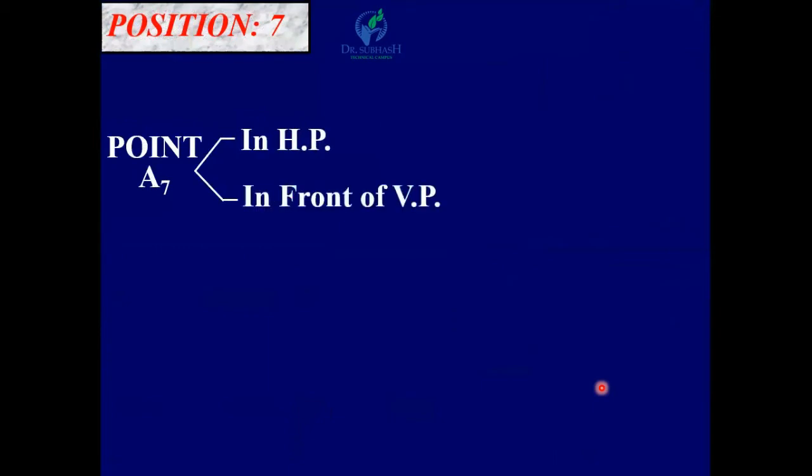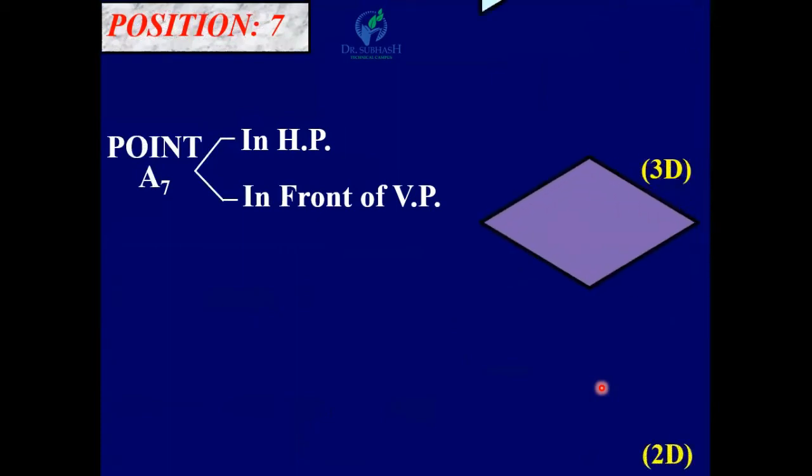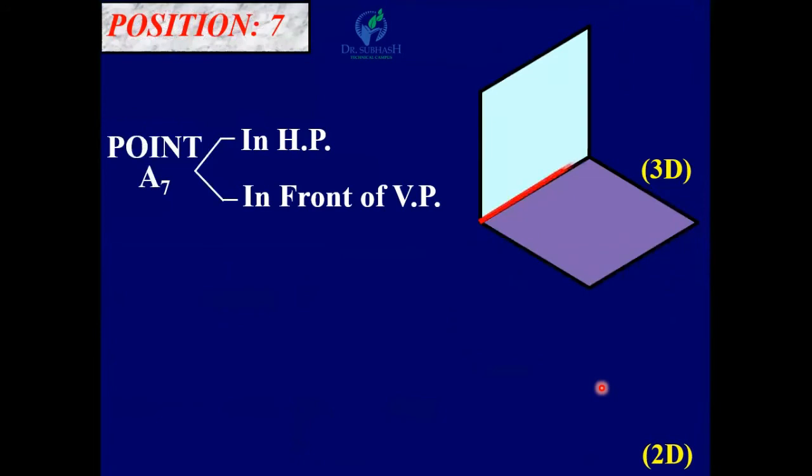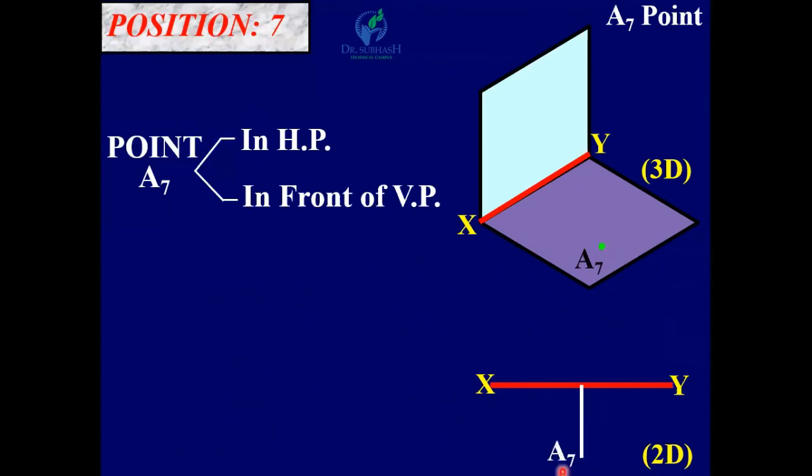Now next position, point 7, A7 in HP in front of VP. Now point is in HP and in front of VP. Now you can see point A7 is on the HP. So original point is below XY.